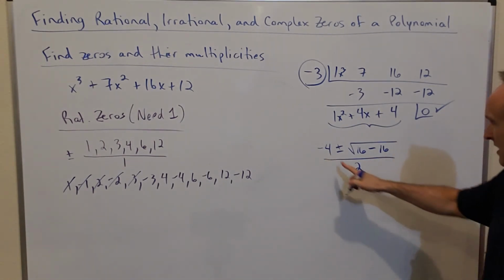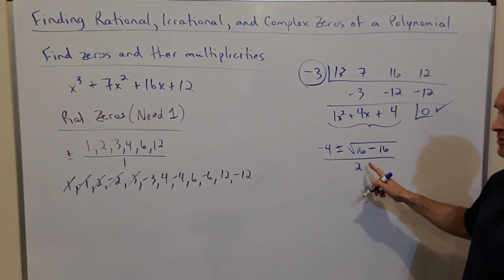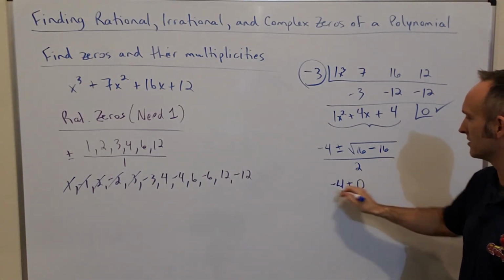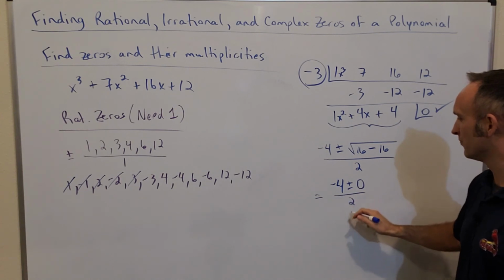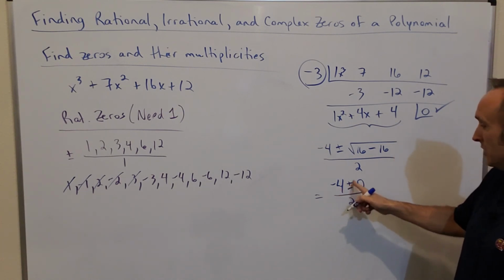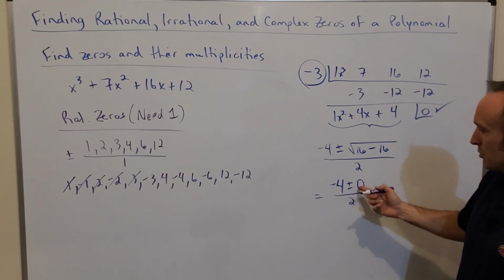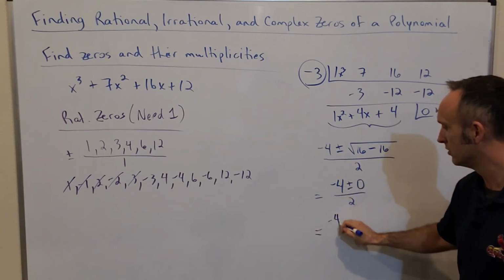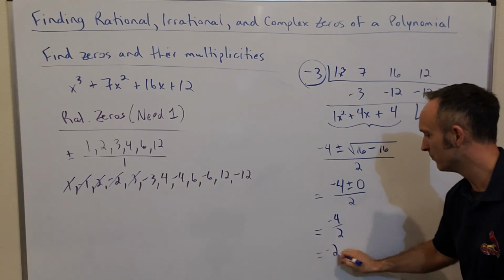So now we get -4 plus or minus 0 over 2. You don't need to write the plus or minus 0. If you add or subtract 0, you get nothing. So you just end up with -4 over 2, which is -2.